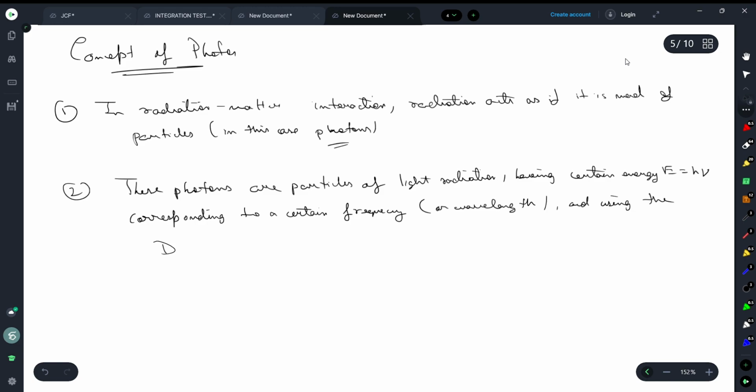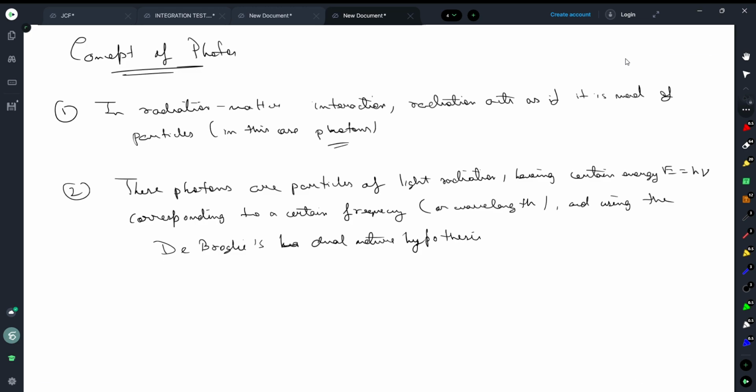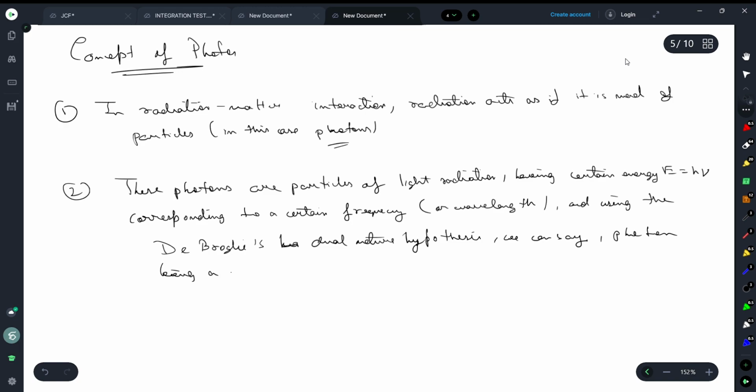Using de Broglie's dual nature hypothesis, we can say a photon, being a particle, has a certain momentum given by p equals h over lambda.